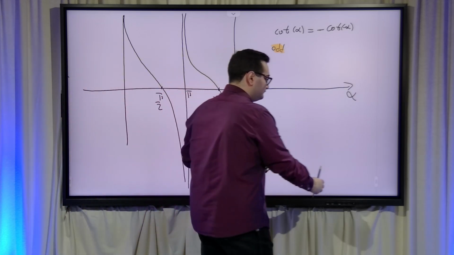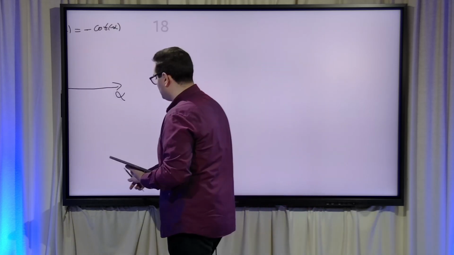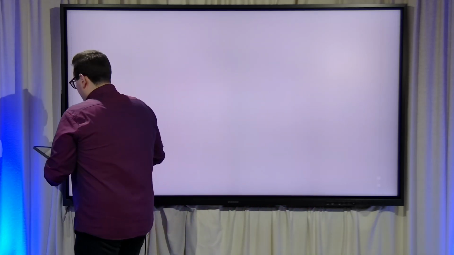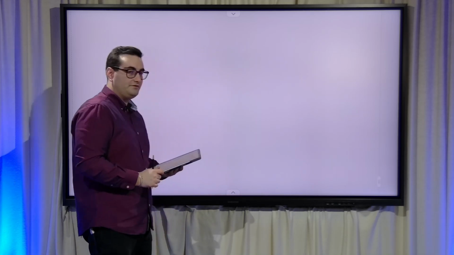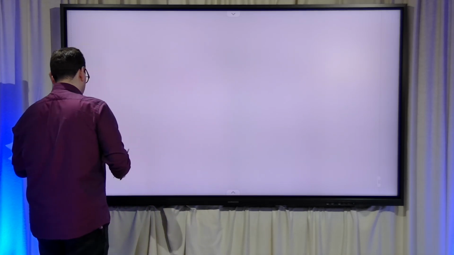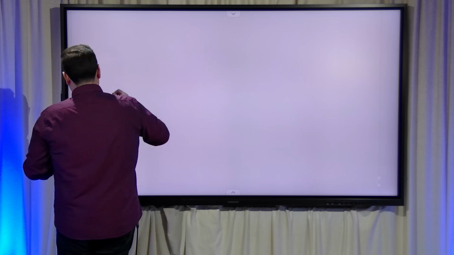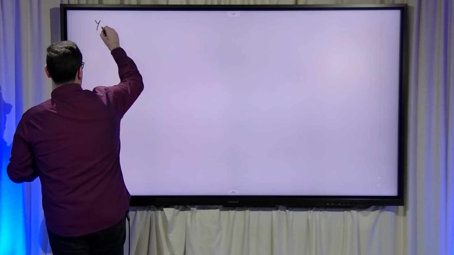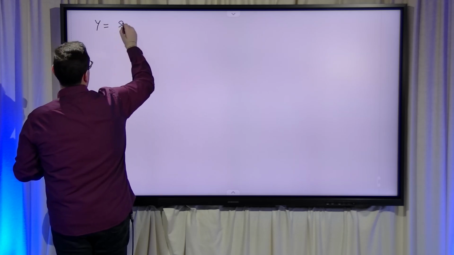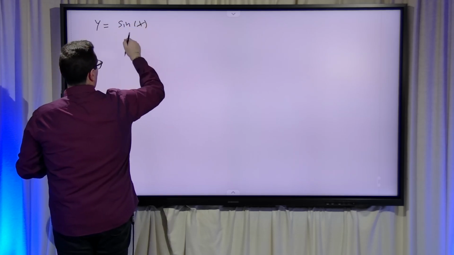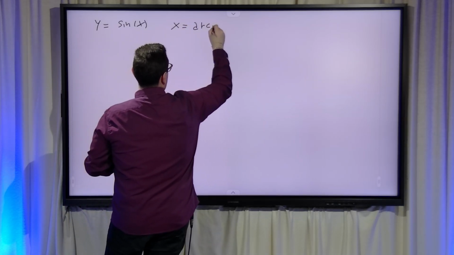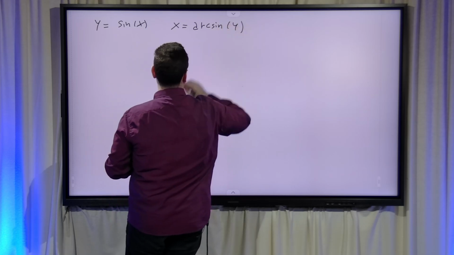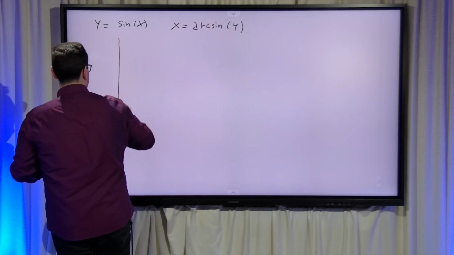Now, since trigonometric functions are periodic, we need to find an interval where the function is defined only once in order to invert it. So let's say that y is equal to sine of x. If I want to get x, I can compute the arcsine of y. But what is the arcsine?